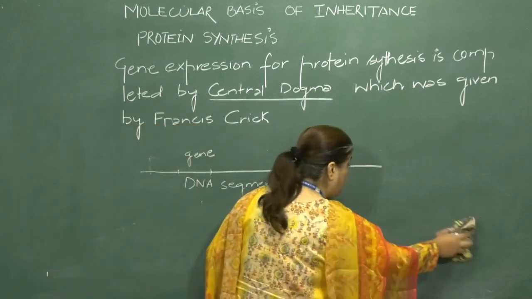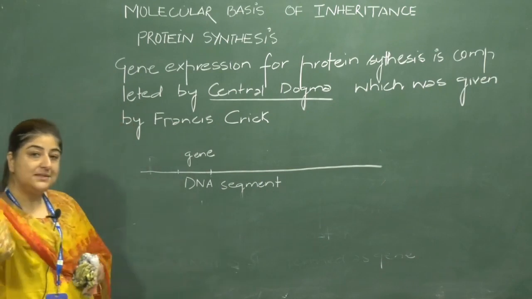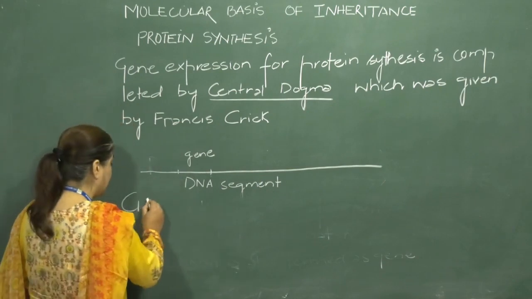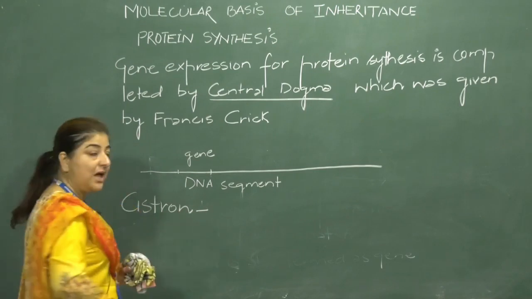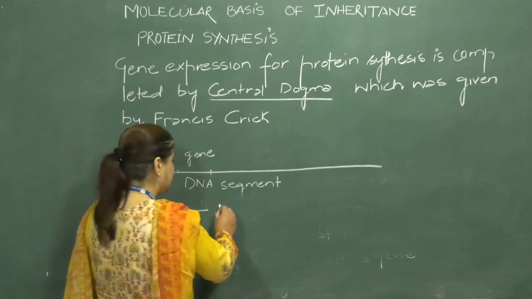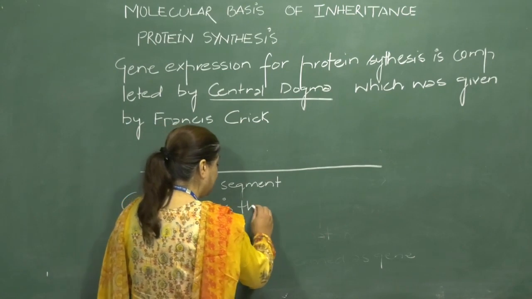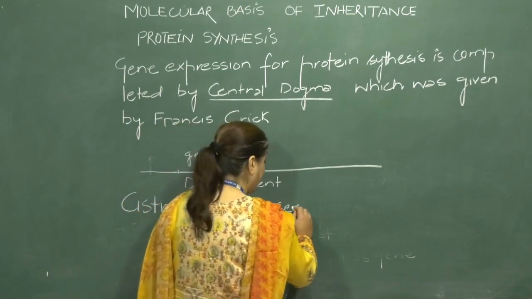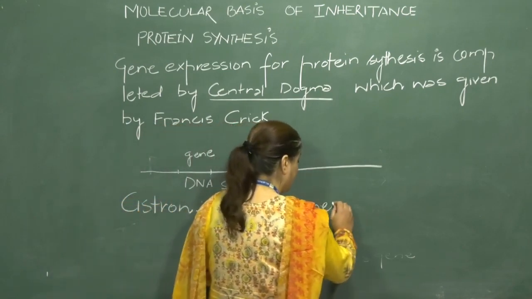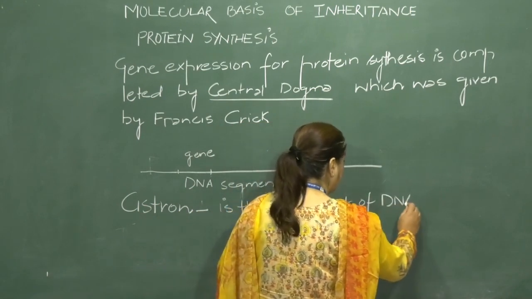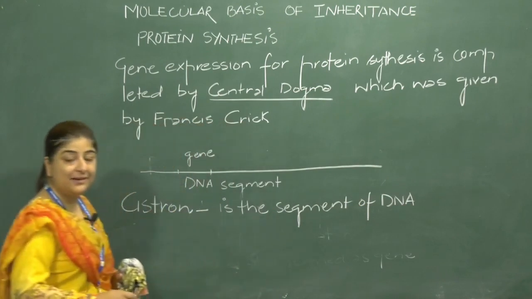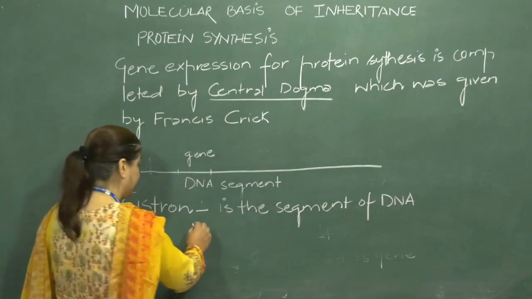Now there is also one term which we call cistron. Cistron is the segment of DNA that synthesizes a polypeptide.